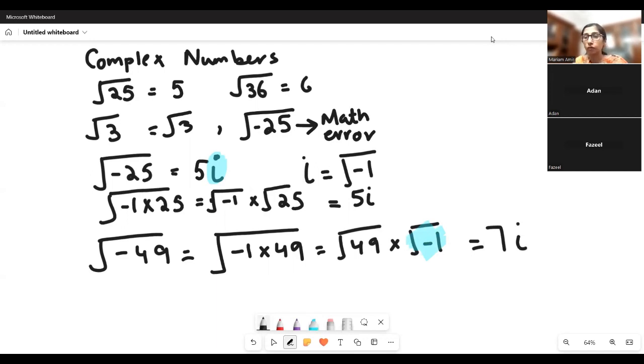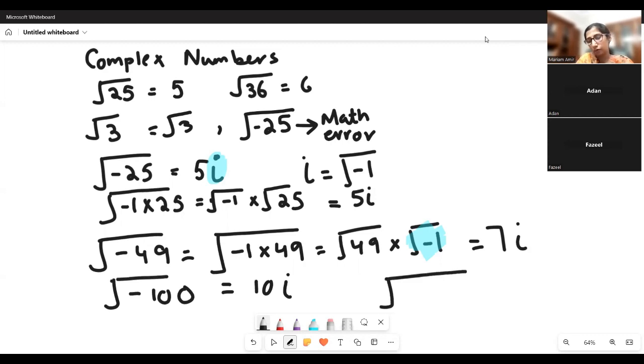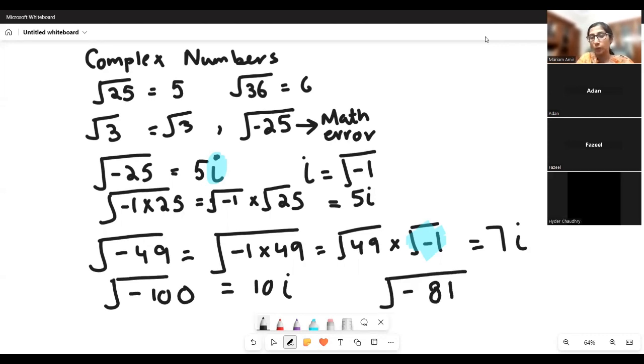So square root of minus 49 is 7 iota. Similarly, square root of -100 would be 10 iota, and square root of -81 would be 9 iota. And again, iota is equal to square root of -1.